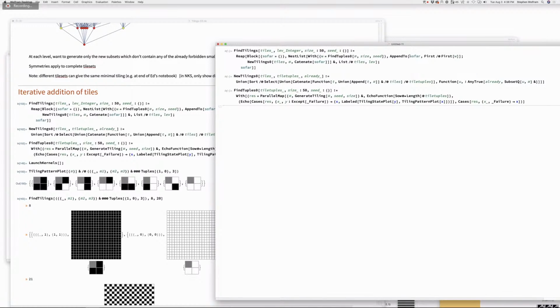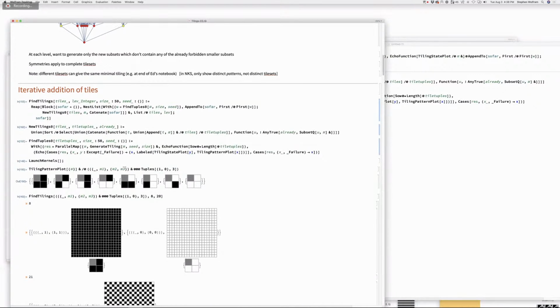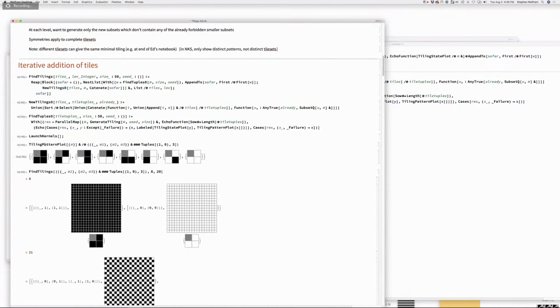And what we want to do here is we want to say echo function of tiling state plot /@ #. Do you believe that? Okay, so let's do your Tromino case here.